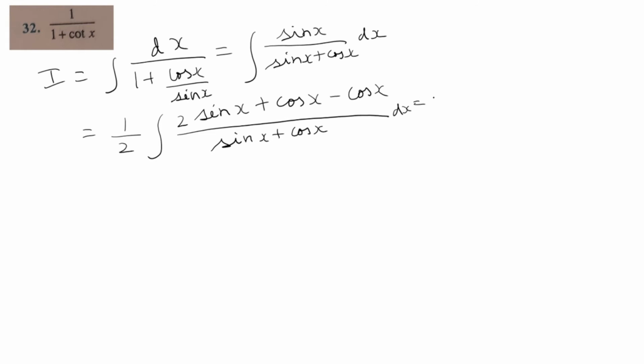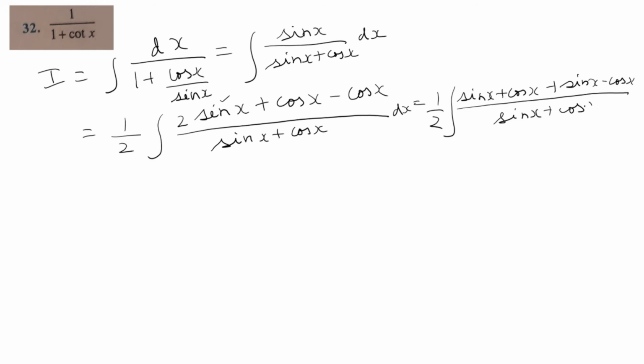This is equal to half, this 2 sin x I am writing as sin x plus sin x. So this is equal to half integral sin x plus cos x plus sin x minus cos x by sin x plus cos x dx.